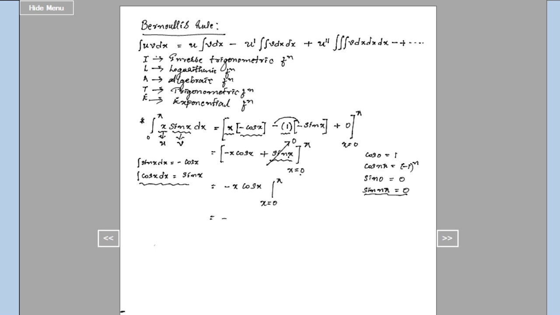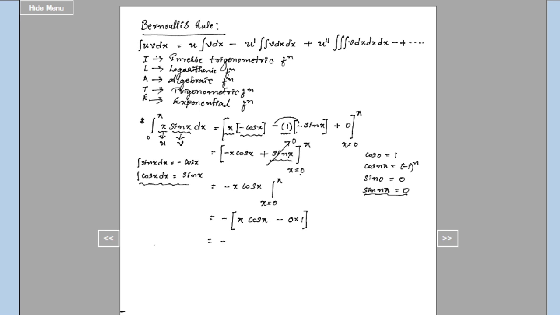Now substitute the limits. When I substitute the upper limit, x equal to pi, into cos pi; minus, when I give x equal to 0, 0 into cos 0, which is 1, is 0 itself.